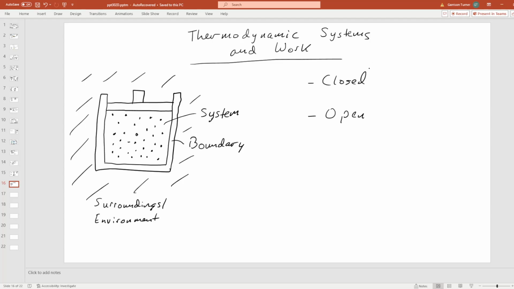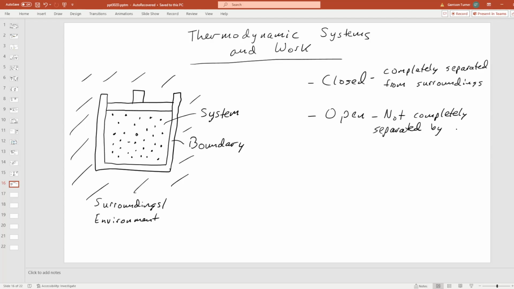A closed system is a system that is completely separated from its environment. An open system is not.